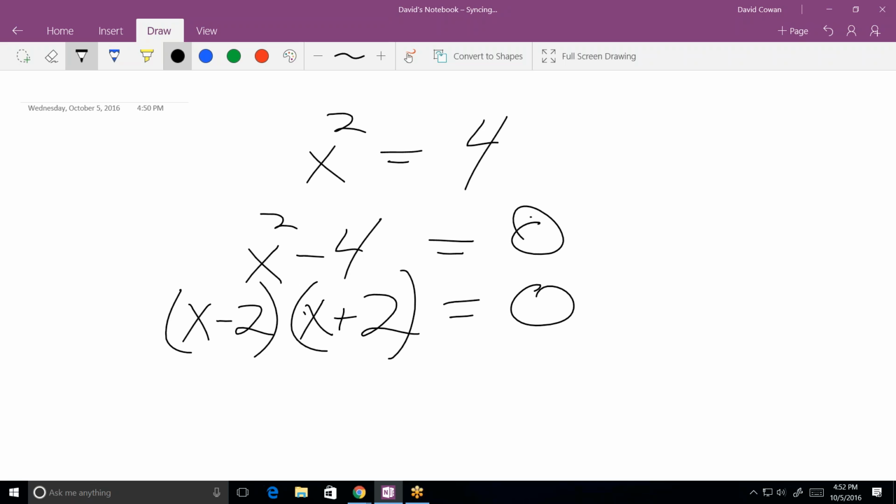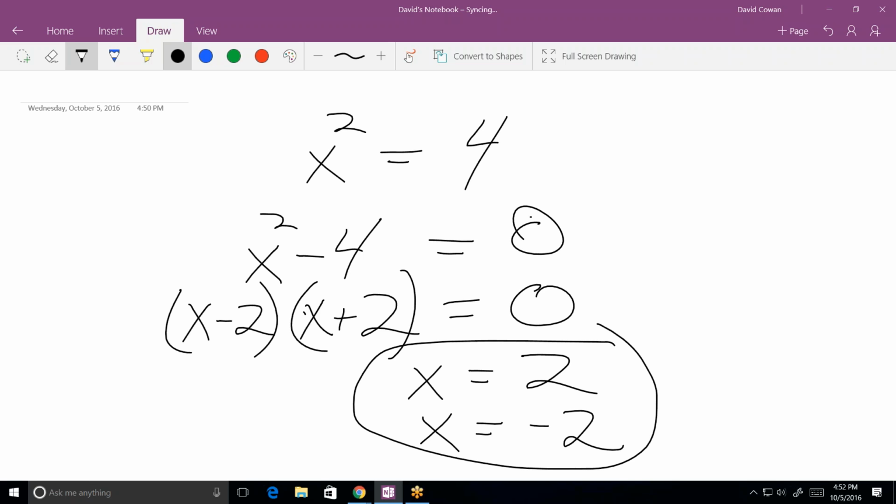And now notice that you cannot make the mistake that it's easy to make with the first one. In other words, we get our two solutions by setting both of these equal to 0. So there's our two solutions.